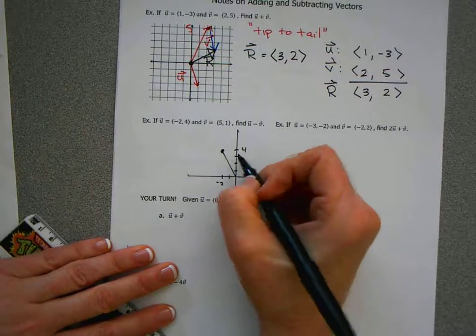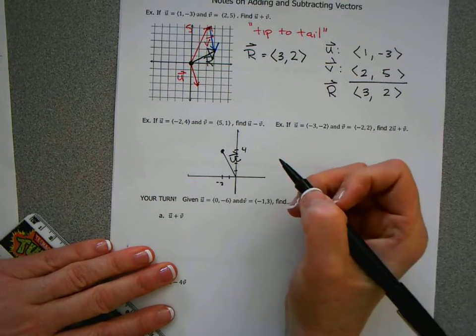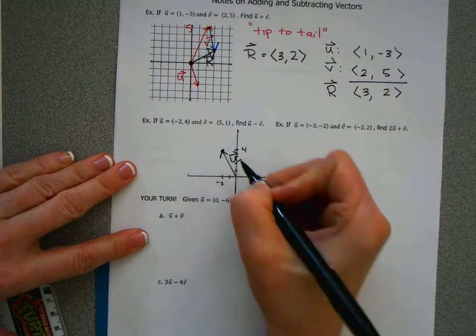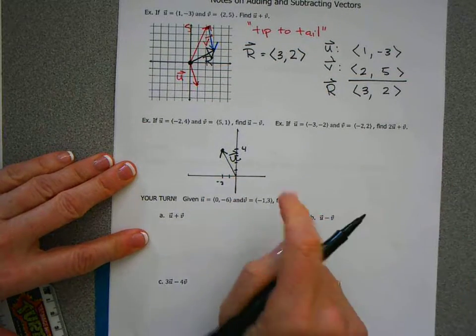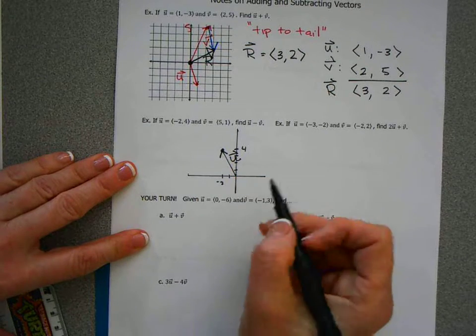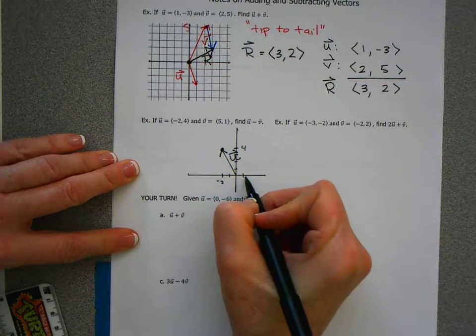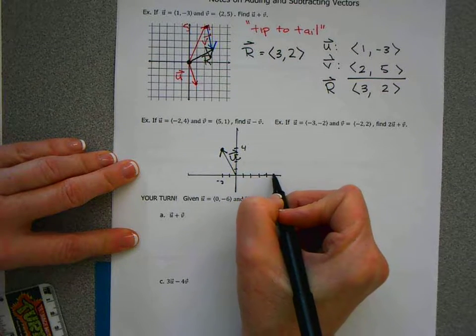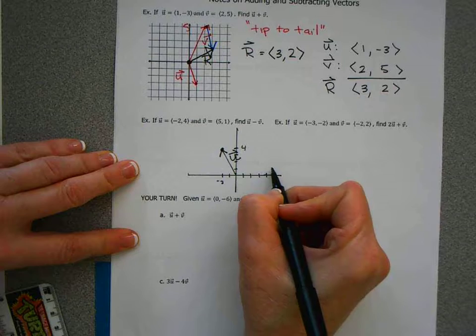Okay. And let's draw the vector v in standard form first. Okay. In standard form, v looks like this. 1, 2, 3, 4, 5, positive 1. Okay.